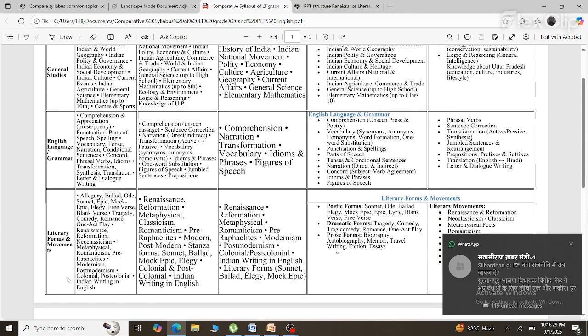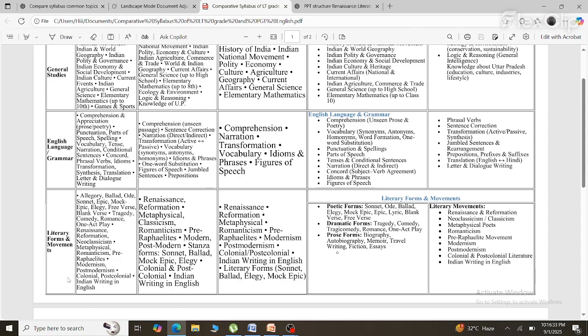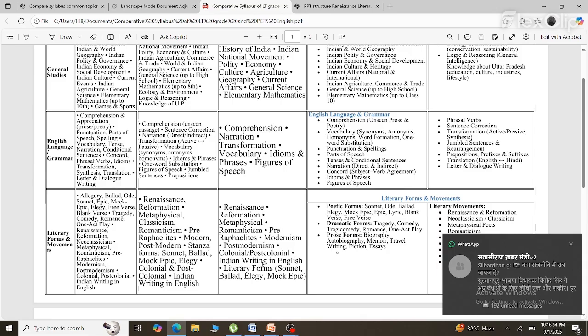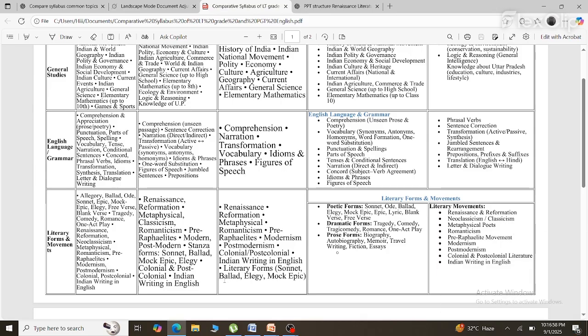Now the next portion of the syllabus for both categories of aspirants, be it LT grade or lecturer grade, is literary forms and movements. So the common topics are these, like Renaissance, Reformation, Metaphysical, Romanticism, Pre-Raphaelites, Modernism, Postmodernism, Colonial, Post-colonial, Indian writing in English, literary forms, sonnet, ballad, elegy, mock epic, etc. And by combining both syllabuses, these topics fall in the category of master syllabus, which I'll be providing as help from my side to all the aspirants.